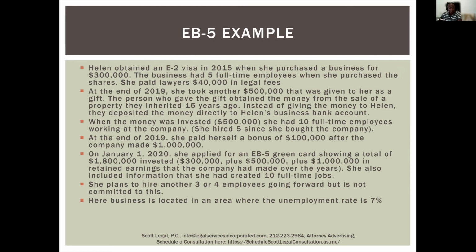Then at the end of 2019, she took another $500,000 that was given to her as a gift. And then it describes where that money came from in terms of inheritance, et cetera. And also, instead of the money being given directly to Helen, the person who gave the gift deposited the money directly into Helen's bank account.